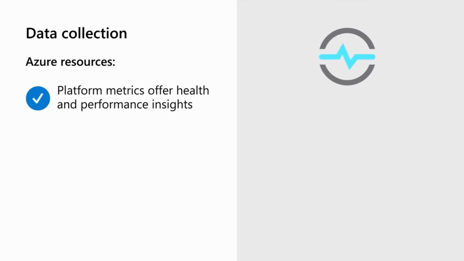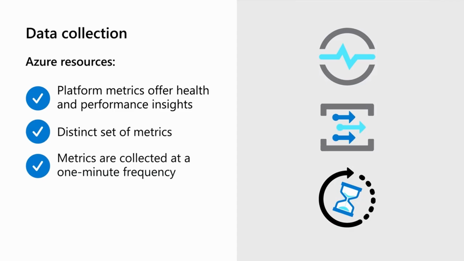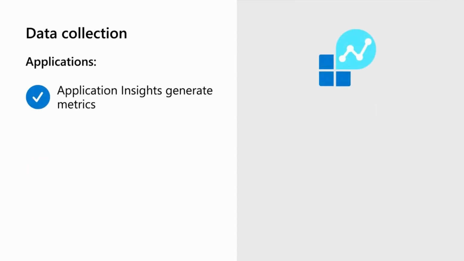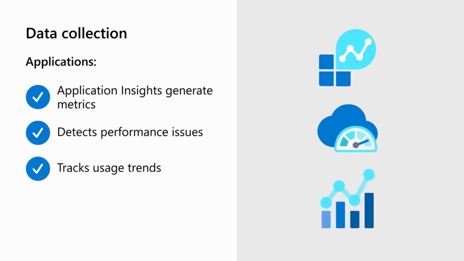Platform metrics generated by Azure resources offer insights into their health and performance. Each resource type has its own distinct set of metrics collected at a 1-minute frequency, unless otherwise specified in the metrics definition. Application Insights generates metrics for your monitored applications, helping detect performance issues and track usage trends. Examples of values include server response time and browser exceptions.